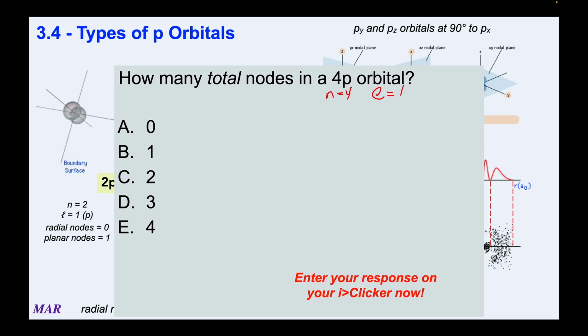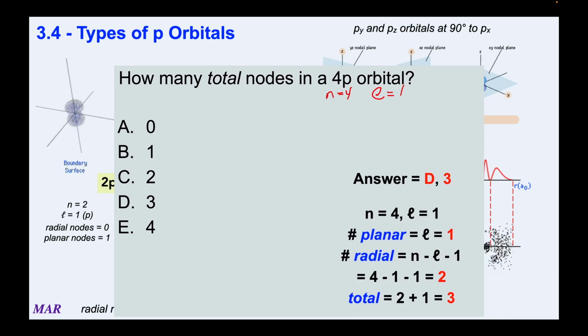So for this 4p, that would be 4 minus 1 minus 1, 2 radial or spherical nodes. So if you have one planar and 2 radial or spherical nodes, you're going to have a total of 3 nodes in the 4p orbital. So again, to figure questions like this out, you have to calculate both planar and radial or spherical. In this case, it's 1 planar, 2 radial, so for a total of 3 nodes.